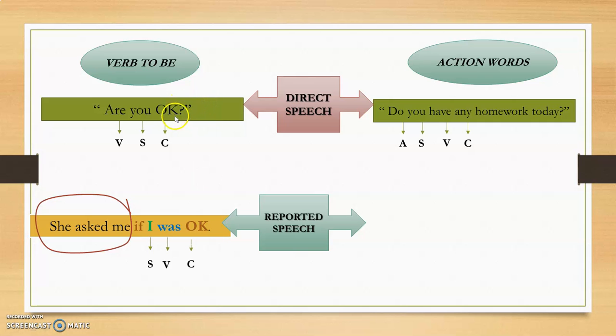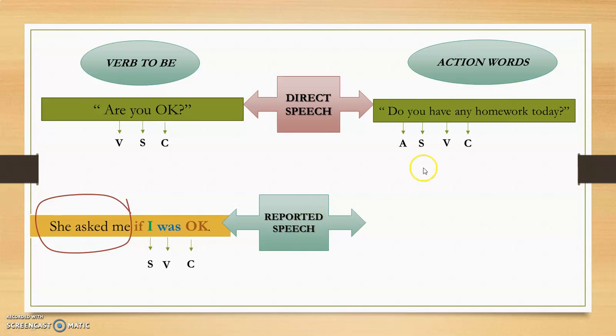Now notice that you don't use the question mark and don't use quotation marks. When we report questions, we don't use quotation marks, okay? And we don't use a question mark because it forms a normal sentence: subject, verb, and complement.